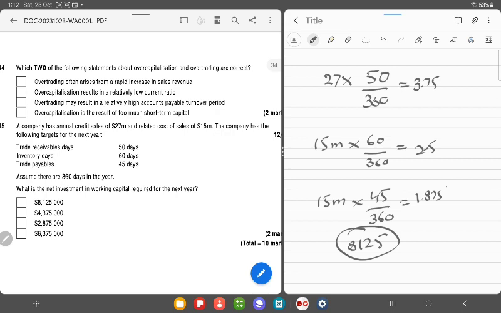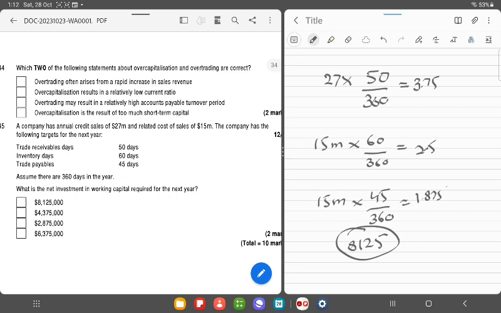Then the cost of sales is given as 15 million. 15 million multiplied by 60, because of 60 days of inventory, divided by 360 days. Remember that to find the amount of receivables, we use the formula credit sales multiplied by receivable days divided by 360. Likewise, cost of sales multiplied by inventory days divided by 360.